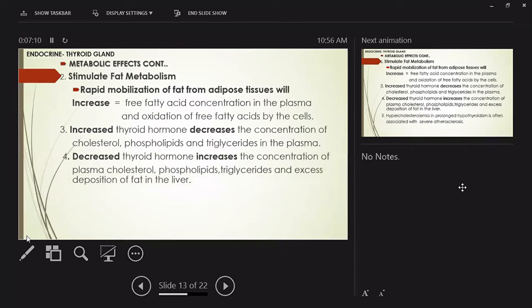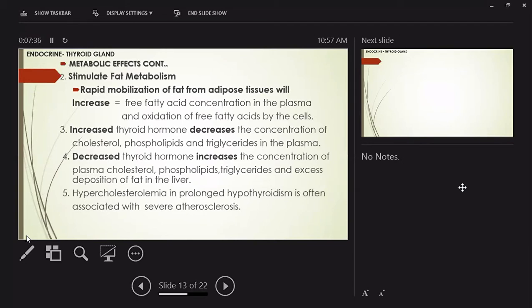Decreased thyroid hormone increases the concentration of plasma cholesterol, phospholipids, triglycerides, and excess deposition of fat in the liver. So you'll get fatty liver if you have a decrease in the amount of your thyroid hormone.